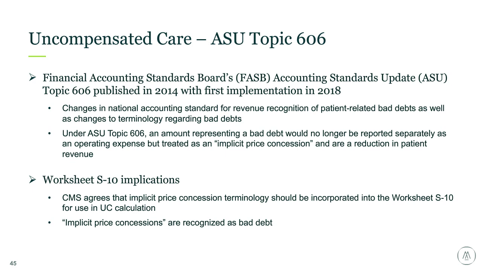There was a question with the implementation of this new standard and how it may impact Worksheet S10, the non-Medicare and Medicare bad debt. But CMS has addressed this and will recognize the topic 606 terminology, and these implicit price concessions will be recognized as a bad debt on Medicare cost reports.